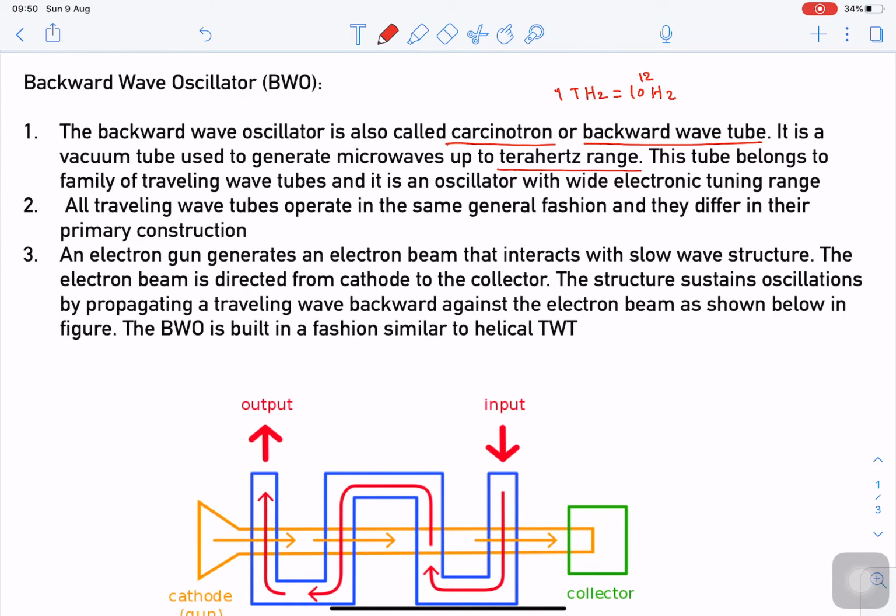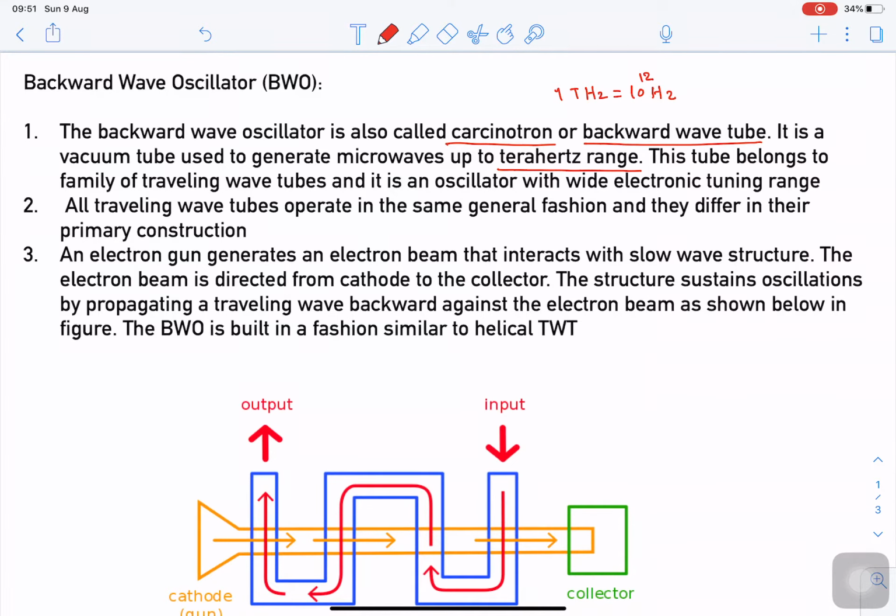So the very first and significant advantage of using this particular oscillator is that this microwave oscillator tube is able to generate a microwave signal in the terahertz range, which is far better than the microwave frequency generated by the magnetron and even by the reflex klystron, right? Earlier we saw the reflex klystron and magnetron as microwave generator tubes.